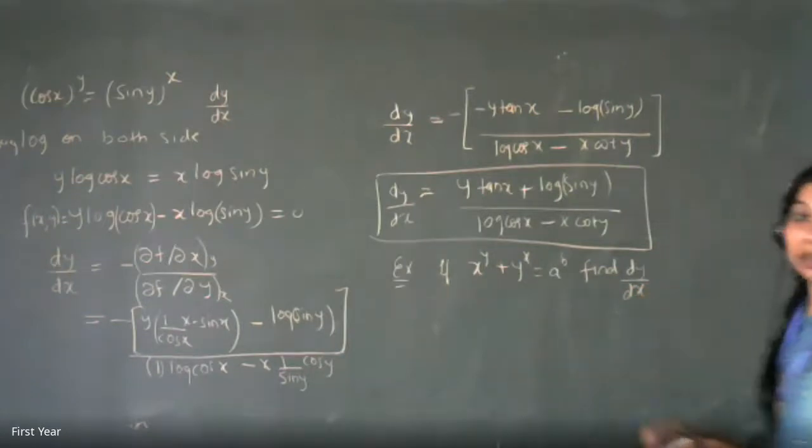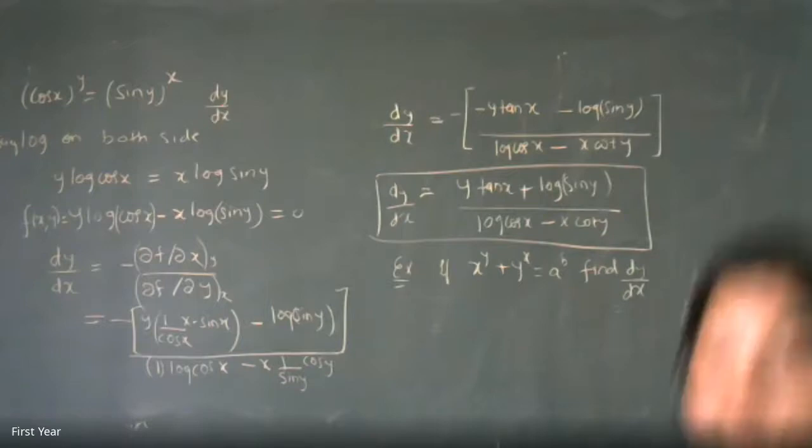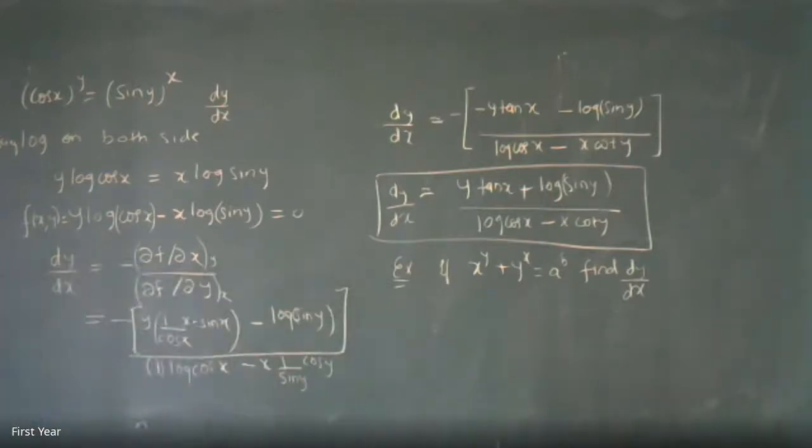Everyone please do it and write the answer in the chat box. This part which I am taking is very important from MCQ point of view, because the questions which are there are small.